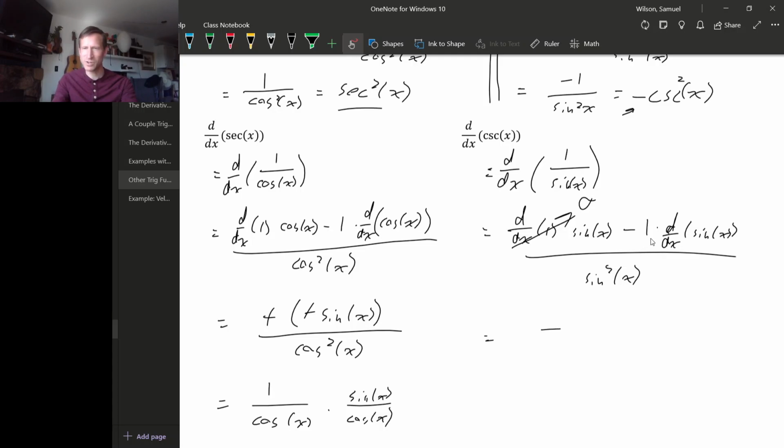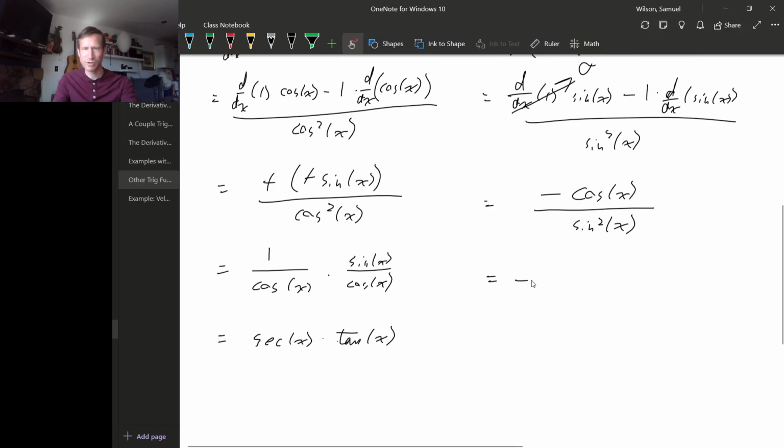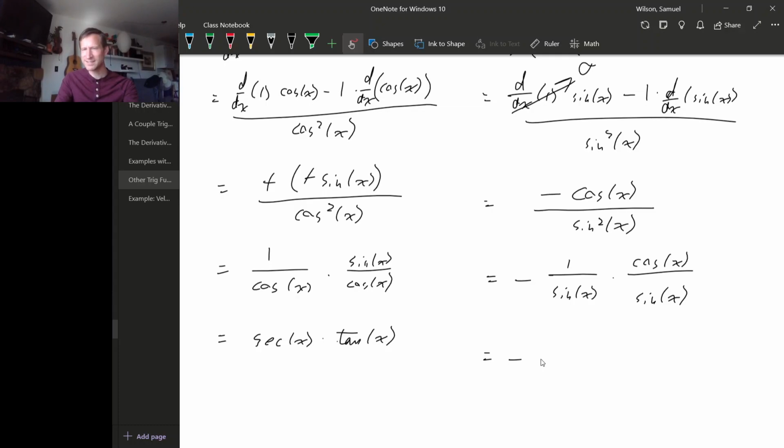So we get minus 1 times derivative of sine x is cosine x over sine squared x. So as with secant, we get something very similar, except there's this minus sign. So let's put that minus sign out in front, and then we can write 1 over sine x times cosine x over sine x. And that's minus cosecant x times cotangent x.